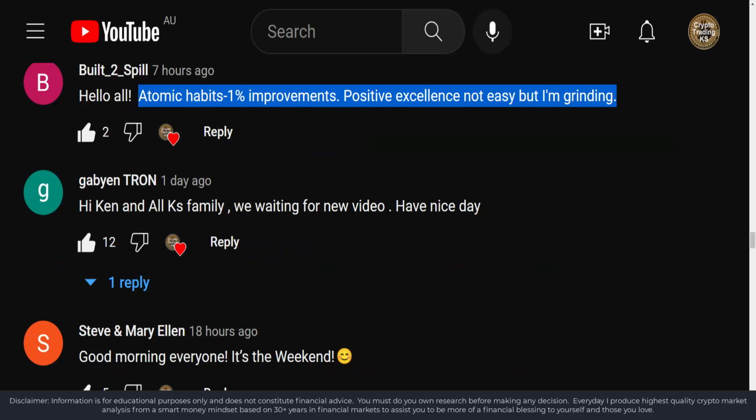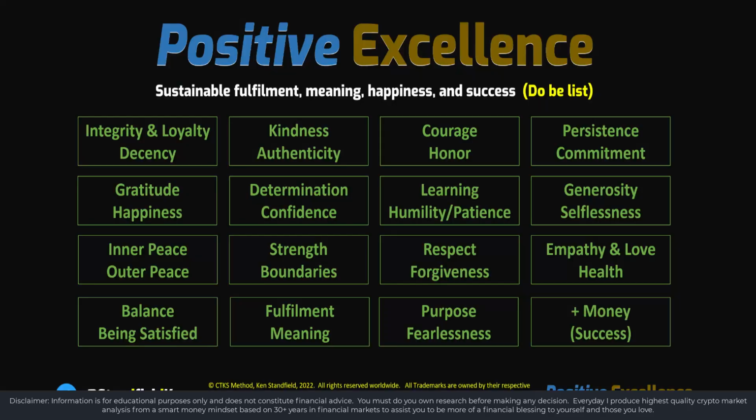Built to Spill had a really good comment. Atomic Habits, 1% improvements. They are the game changer. Positive excellence. It's not easy, but I'm grinding. Good on you, my friend. You're a champion. What is positive excellence? It's about creating a to-be list of all sorts of words that will take you to the top in any field that you're in, not just in terms of success, but also in terms of happiness, in terms of fulfillment, in terms of meaning, in terms of commitment, in terms of quality, in terms of everything.